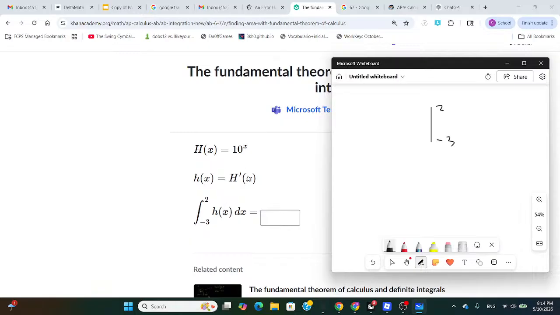H of x is equal to h prime of x. Oh, so find the derivative of h of x, 10 to the x. dy over dx of 10 to the x equals 10 to the x times ln 10.